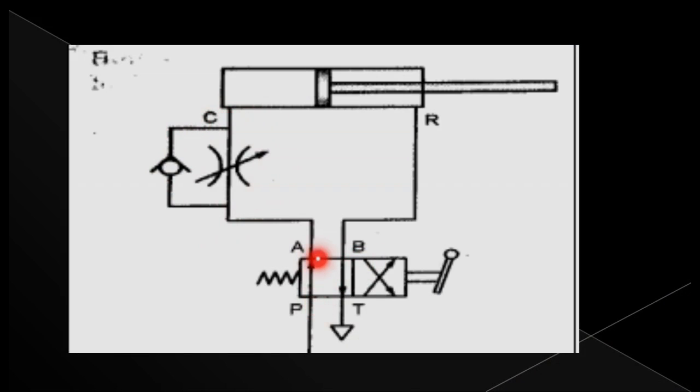Whatever liquid comes here will move here. It will experience some flow reduction here because of the flow control valve, and it will move here. If the flow controller is adjusted with a smaller opening, a small amount of liquid is collected, and it pushes the piston at a slow speed. Slow pressure is applied, and by that the piston moves in a slow manner.